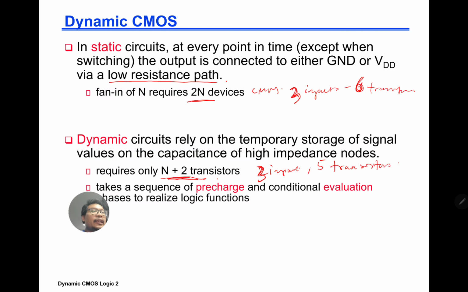So if you have a large fan-in design, it might be interesting to consider dynamic circuits. Fewer transistors means smaller circuit area and probably cheaper to manufacture.